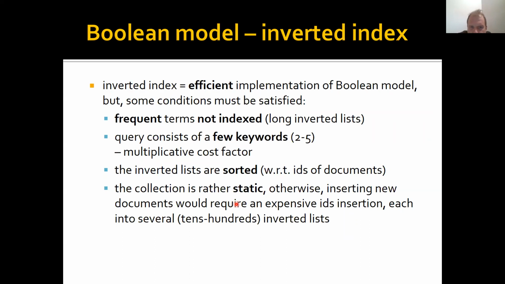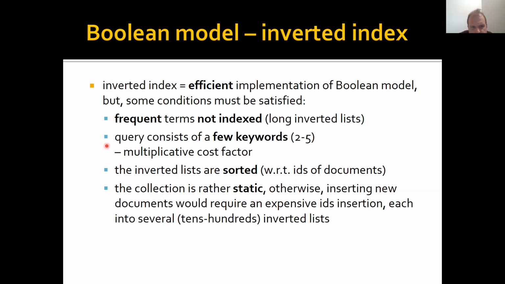First, we should not index the really frequent terms, because this would lead to really long inverted lists, almost the size of the whole collection, and this would unbalance the whole index. But this is solved in the pre-processing phase, where we drop all the stop words. We already discussed this. So at this stage of indexing, we should not have really frequent terms in the index.